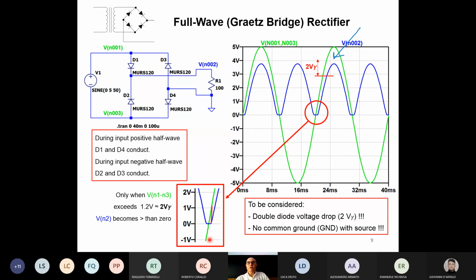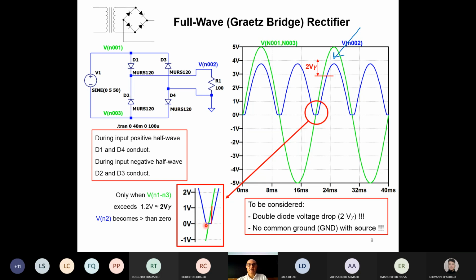If you see the voltage on the output resistor, it is not exactly given by 2 half waves. There is a flat zone here. So there is a half wave, then a time during which the voltage is 0, and then it goes up again, and is a bit more zoomed here.